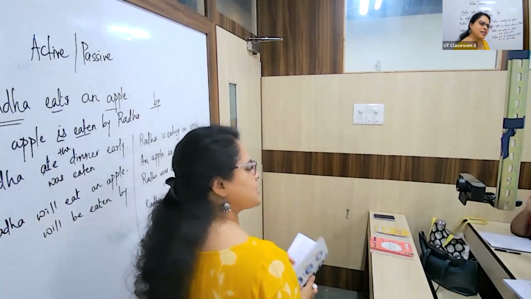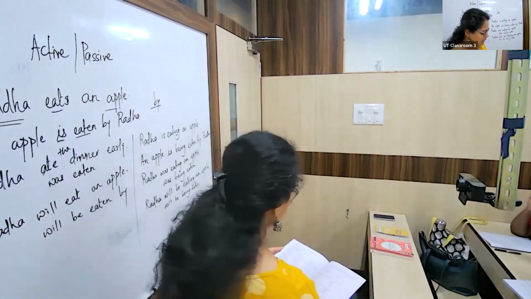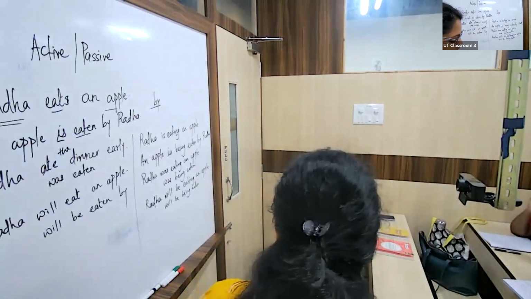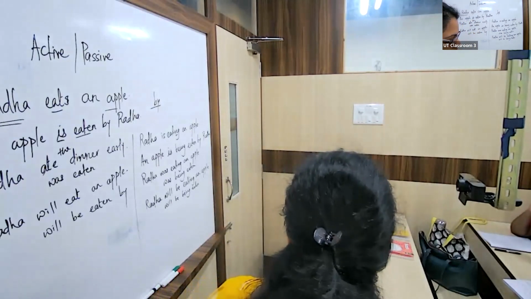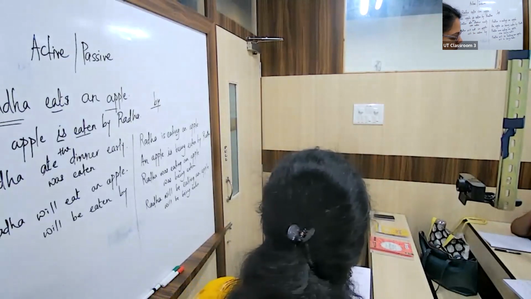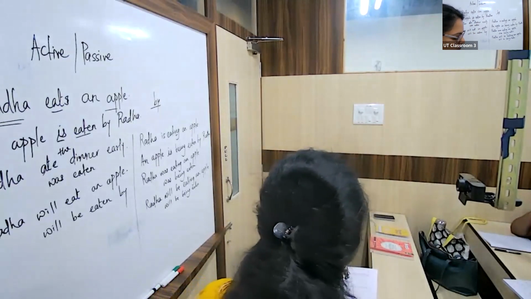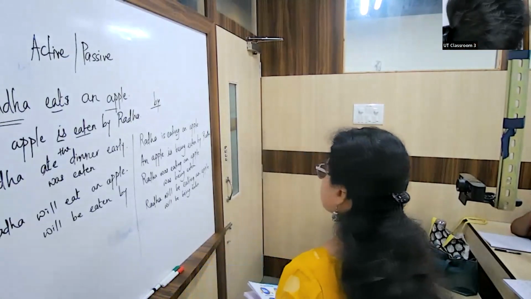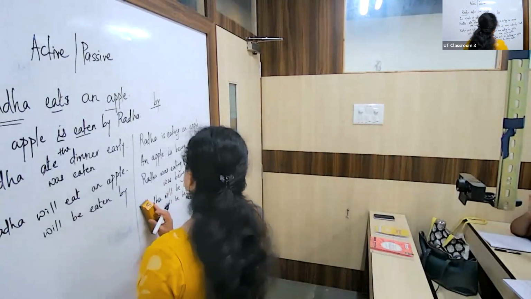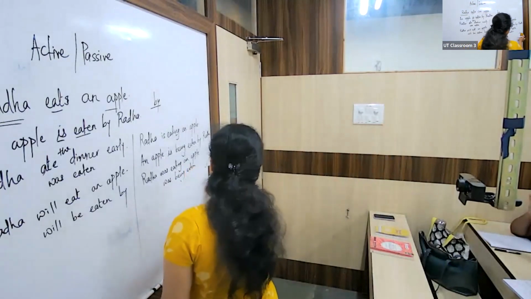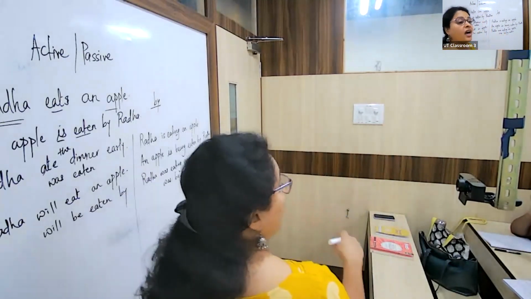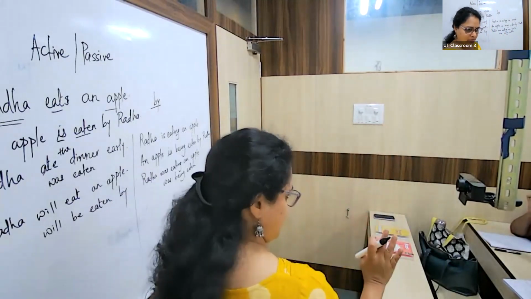Don't get confused. Okay? Will be being eaten. But this is very rarely found, will be being eaten. Okay, but अगर आ ही गया, so that will be the answer.